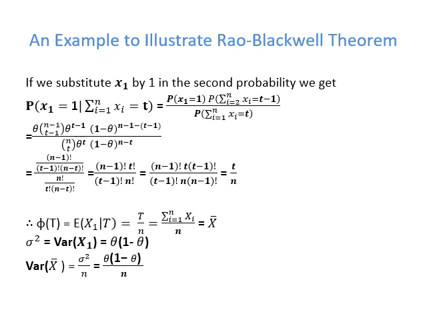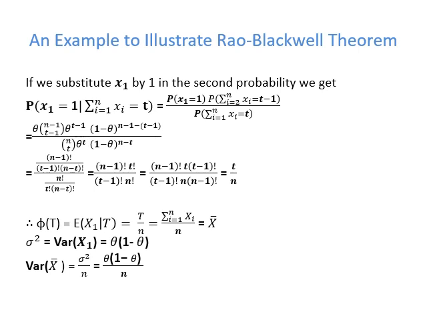Also, if we come to the term 1 minus theta, in the numerator we have 1 minus theta power n minus 1 minus t minus 1. This power will simplify to n minus t. So we have in the numerator 1 minus theta power n minus t, and in the denominator we also have 1 minus theta power n minus t, so they will cancel with each other.